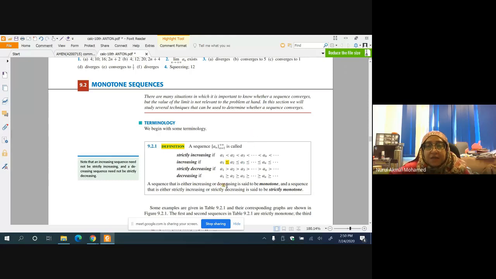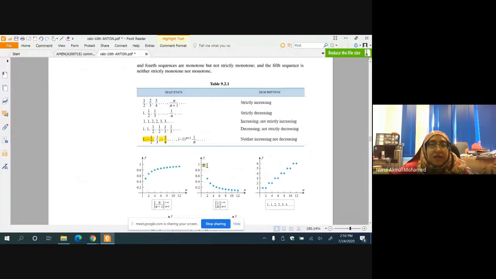You can have the equality sign for decreasing as well. So this is just increasing, not strictly increasing.